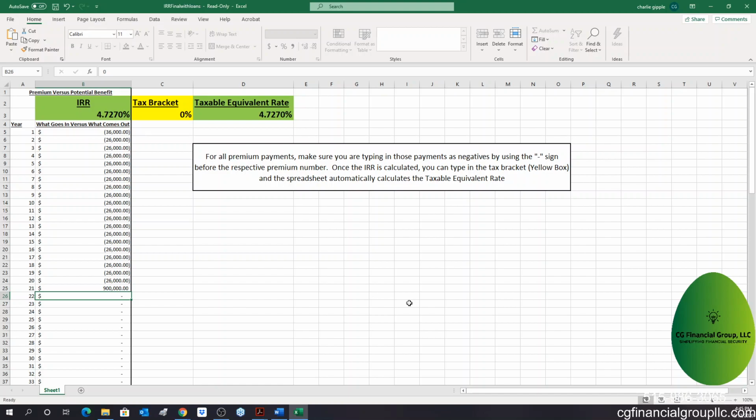This is how I am able to gauge, say, there are a lot of whole life insurance policies, obviously, but dividend rates, say a 5% dividend rate on a whole life insurance policy versus a loan rate of, let's say, 4%. Does that mean that because the dividend rate is 5% and the loan interest rate is 4%, by taking loans against the policy as quickly as possible, you're going to have the positive internal rate of return or a better internal rate of return versus if you just left it alone?